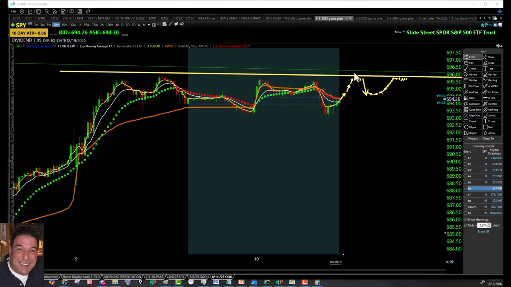Because if they break through, what I want to see is them come back and test it, make sure it holds, and then J-hook out of there and go after the all-time high and the 700 number. Okay, that's what I'd like to see.